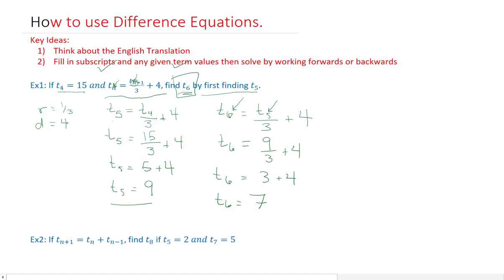Okay, so I've accomplished the question because it did ask me to find T6, but I needed to find T5 first. So that's the idea with difference equations. Again, these are lovely things, but if I had asked you to find, say, T100, well, to find T100, you need T99.